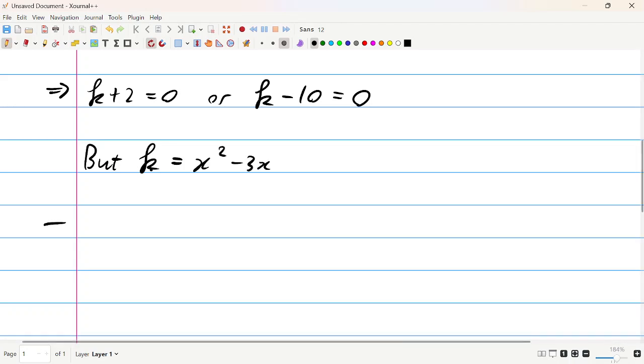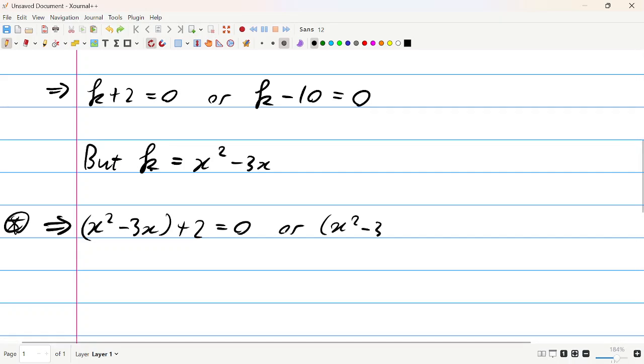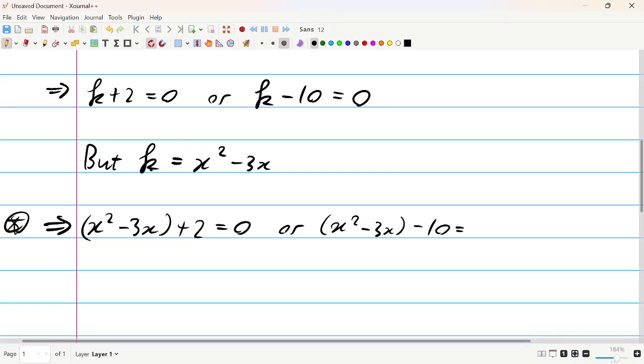So therefore, this just implies to us that we will have x squared minus 3x, right, plus 2 is equal to 0, or we're going to have x squared minus 3x, sorry, minus 10 is equal to 0.